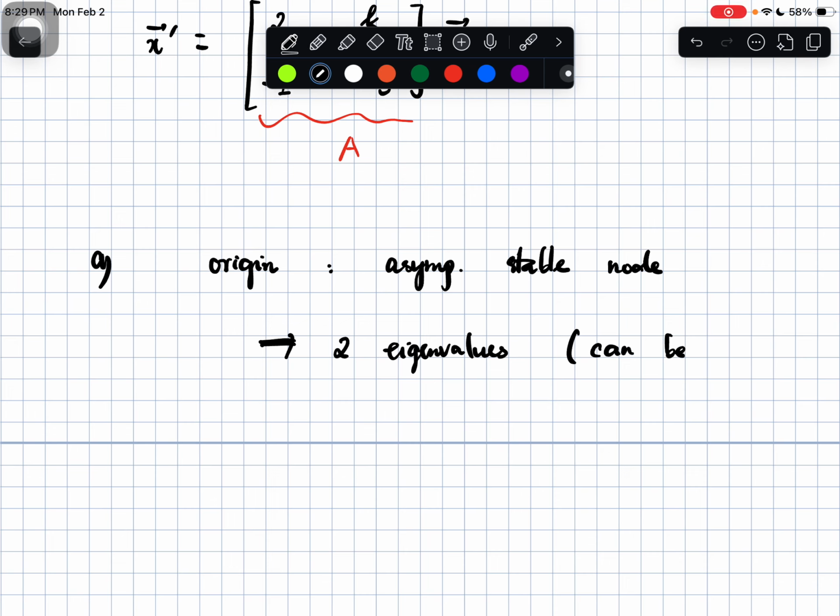The eigenvalues must be real, and in fact they must be negative real. The negative part makes sure it is asymptotically stable. So in this case it is actually a sink, a nodal sink.